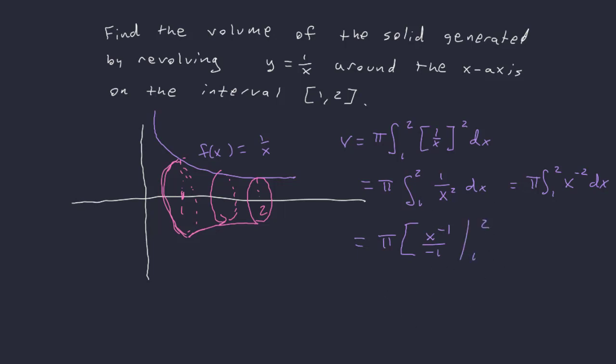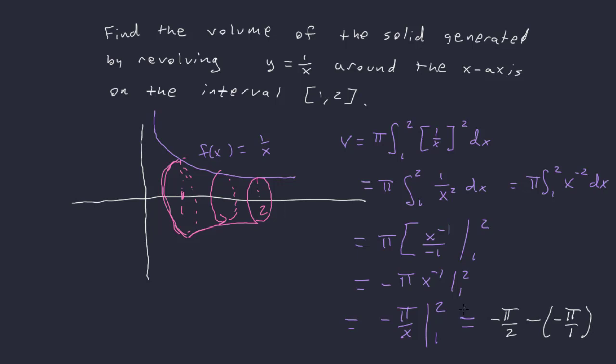Now, you might think, oh man, we introduced a negative, right? This will be negative pi times x to the negative 1 from 1 to 2, or negative pi over x, evaluated from 1 to 2. Well, what ends up happening is when we start plugging these in, we'll get negative pi over 2 minus a negative pi over 1.